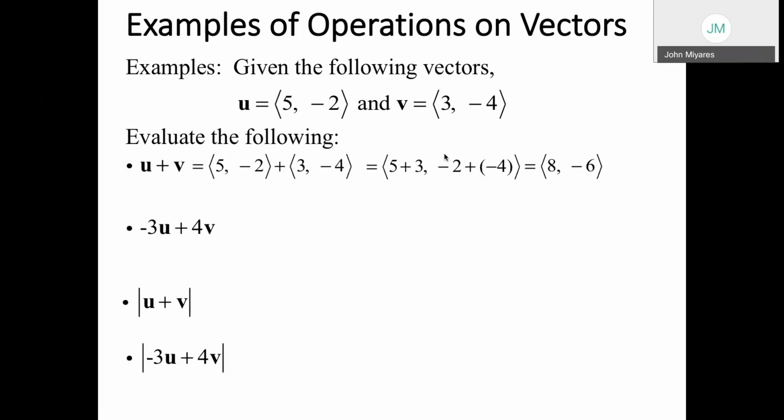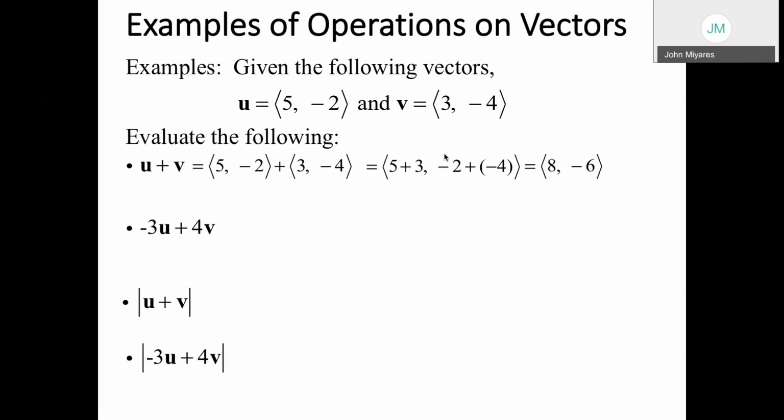You're combining an action in your first vector where you're going right 5, then down 2, with a second vector that is going right 3 and down 4. Thinking about it geometrically in your head, the net result will be ending up going right 8 and down 6.